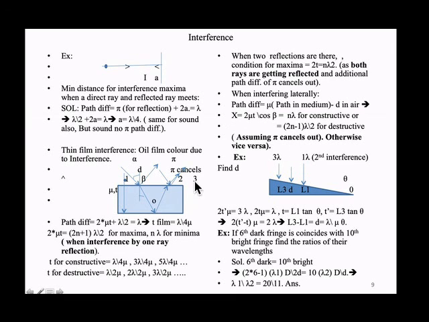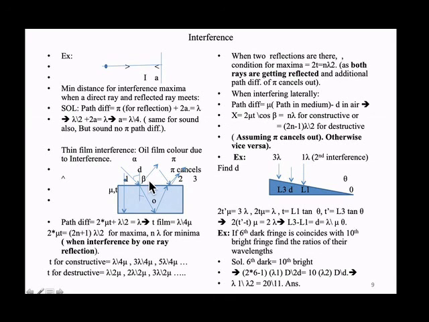Suppose if π is not cancelling out, it is directly coming and meeting here. Then I have to keep π also. I have to add 2μt cos β plus π equal to nλ. π means λ/2. So you understood all the 4 cases. One is only one reflection and meeting. Second is both reflecting and vertically meeting, a ray going vertically up and meeting.